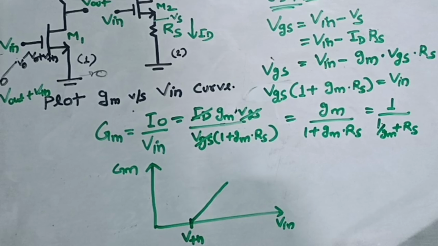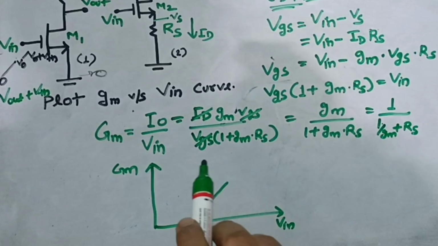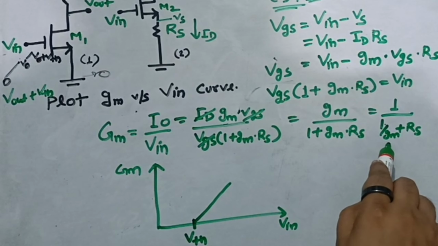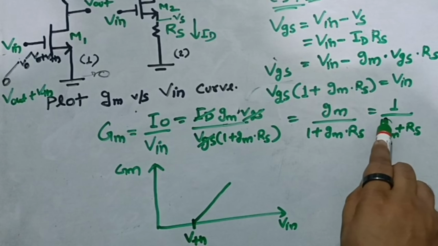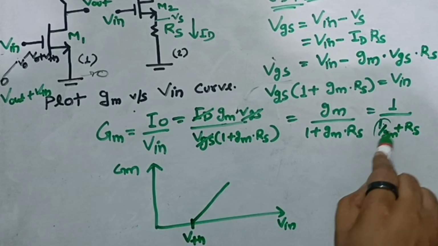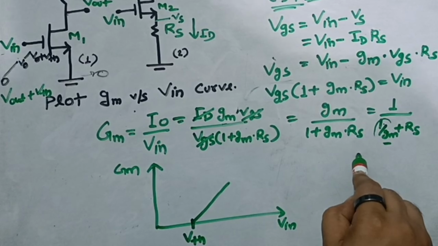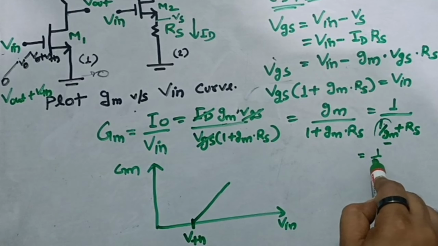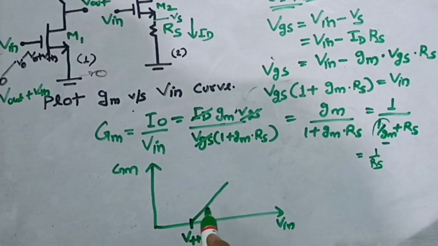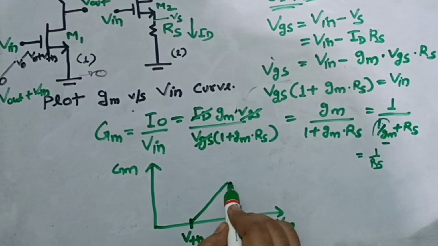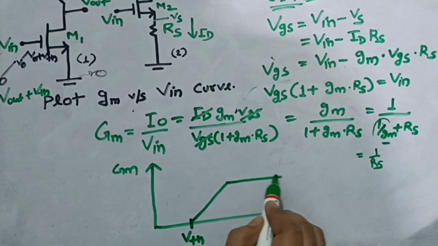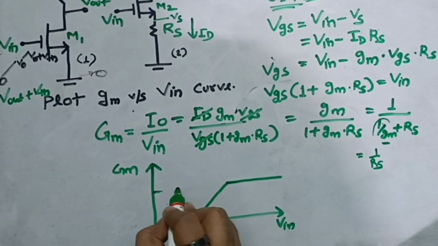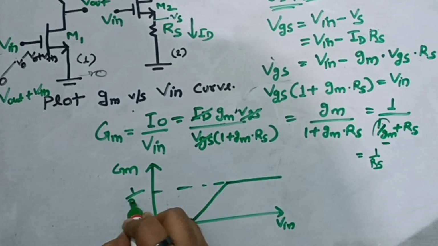But the second condition will be opposite here. As soon as V in continues to increase, your GM will continue to increase, and this parameter will become negligible. So your transconductance value would come only equal to 1 upon RS. That means after a certain point, your GM will become constant as it will saturate, and its value would be equal to 1 upon RS.